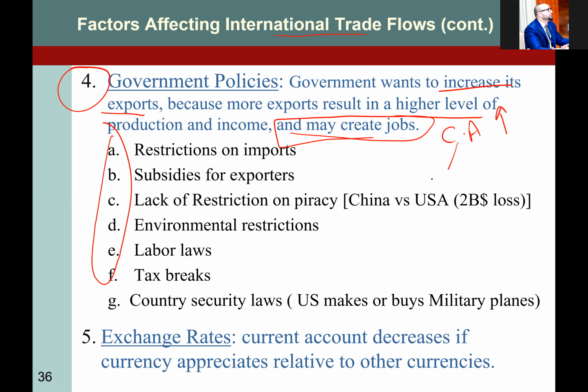The current account's major portion is the trade balance, which is exports minus imports. Of course, the current account is going to be increased through more exports.